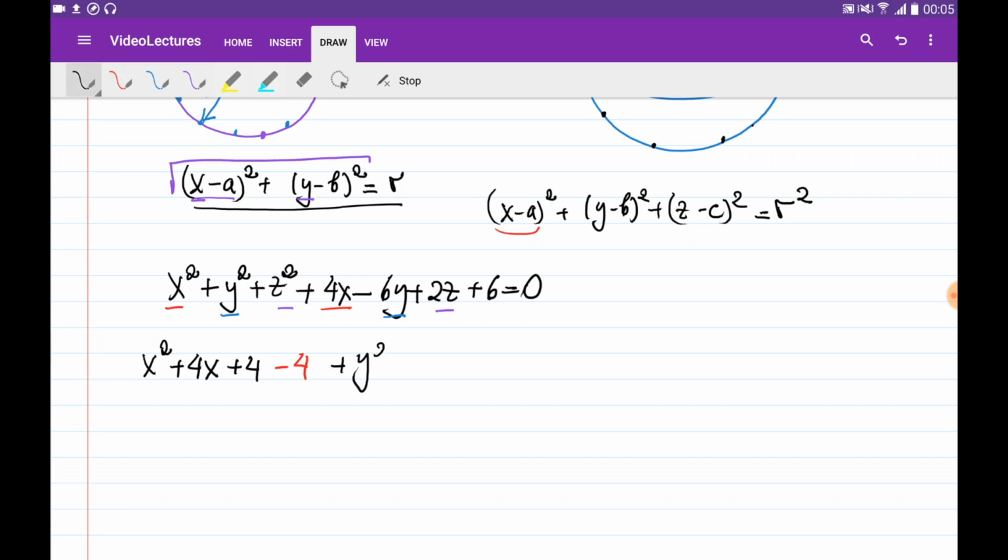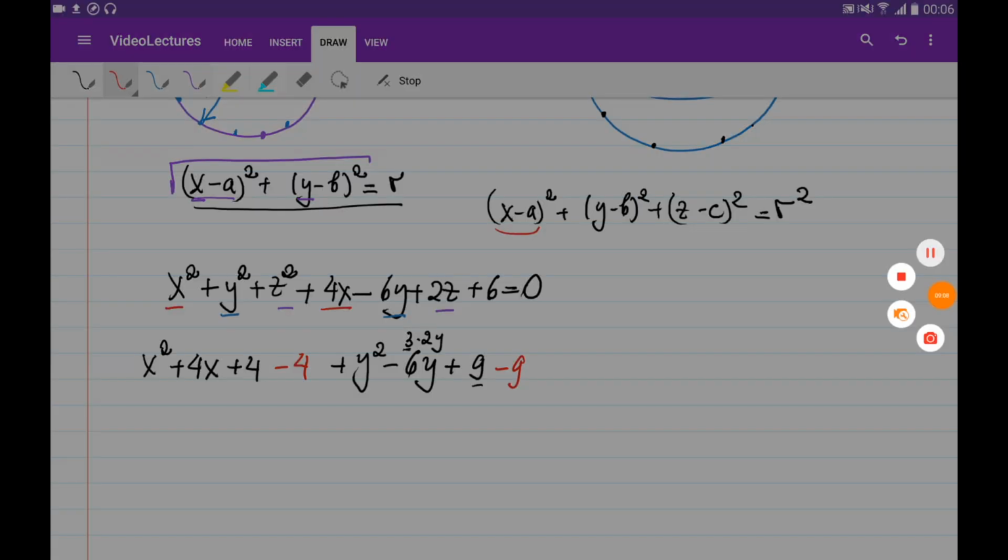Plus y squared minus 6y. In order to make it again a complete square, we need to add the 9, right? Because it should be written as 3 multiplied by 2y, so 3 squared should go here. Since we added this 9, we need to subtract it again.